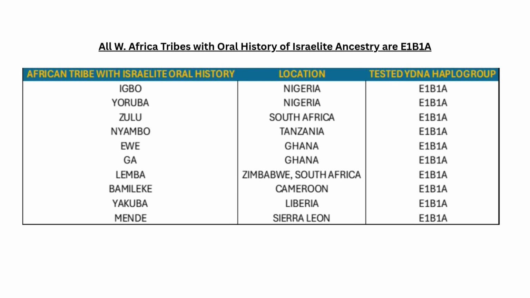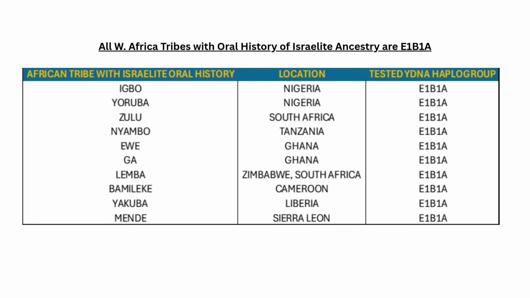By the way, also, E1B1A is the Y-DNA haplogroup that matches the male descendants of the transatlantic slave trade, or at least the majority of them.